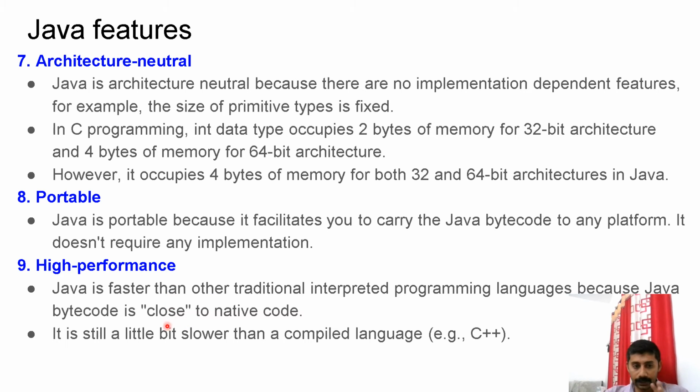But it is still a little slower than compiled languages like C and C++. If you compare it with any other interpreted language, its performance is much better because the difference between the bytecode and the native machine code is very small, so the translation is very fast.